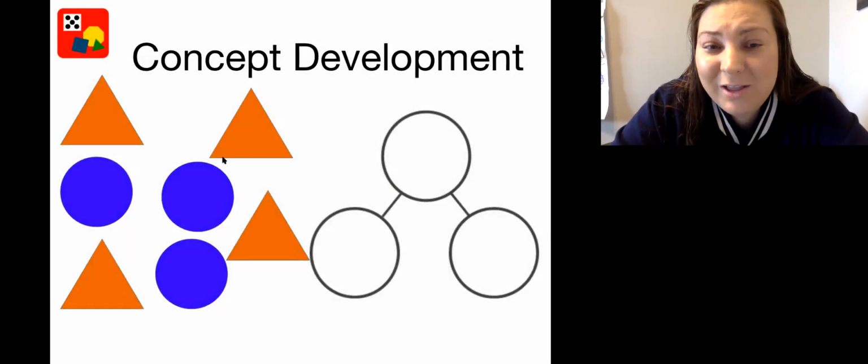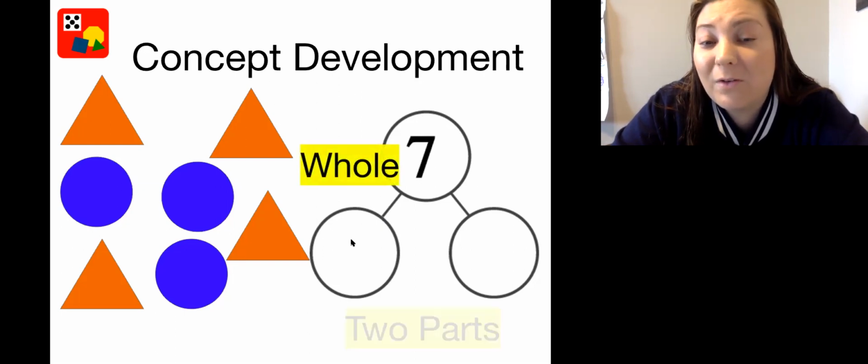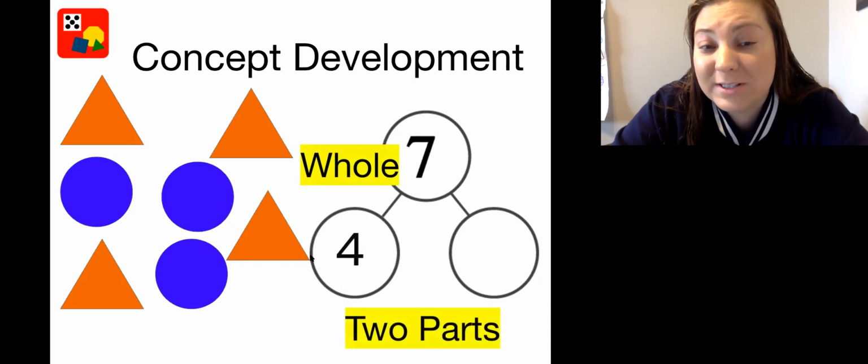Now, looking at these 7 shapes, how many of them are triangles? 4. 1, 2, 3, 4. How many are circles? 3. Great. Let's put that into our number bond. So we have 7 shapes, and we can break that into 2 parts, 4 and 3.